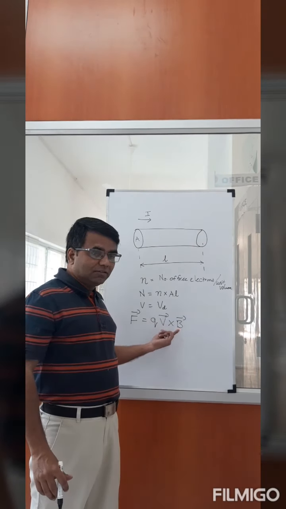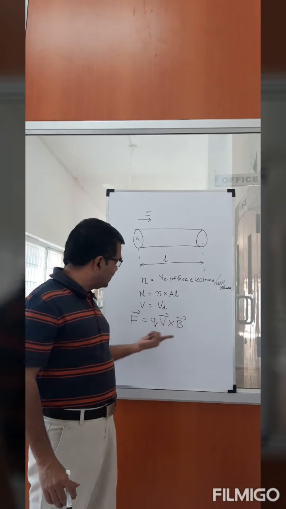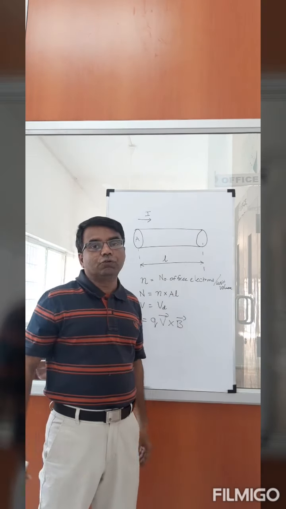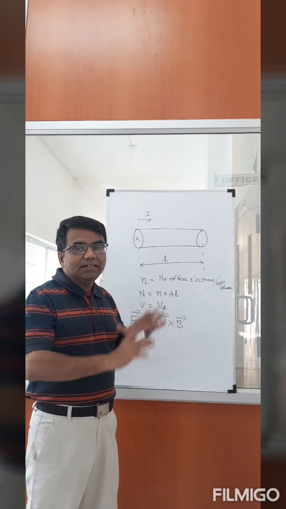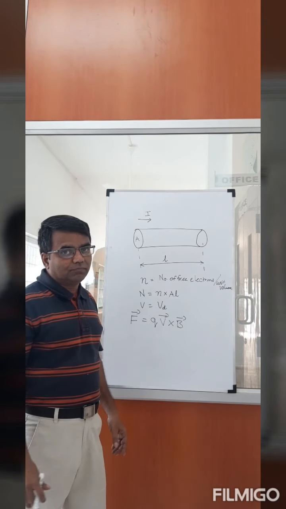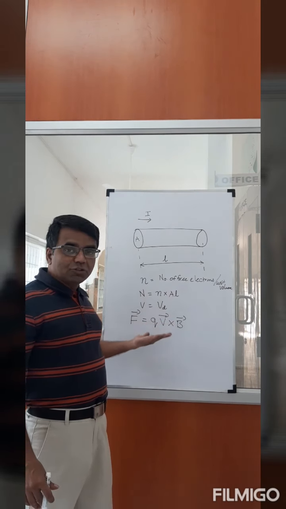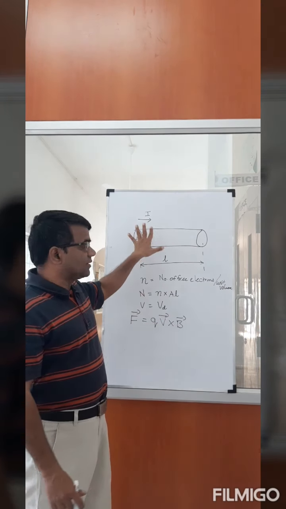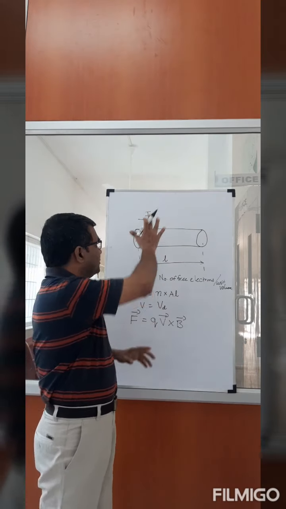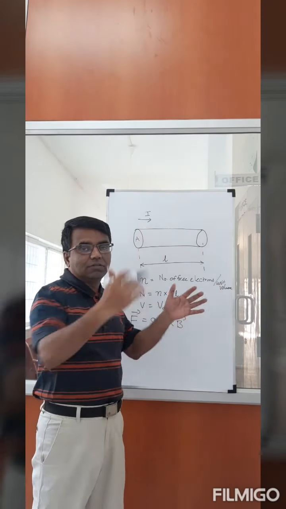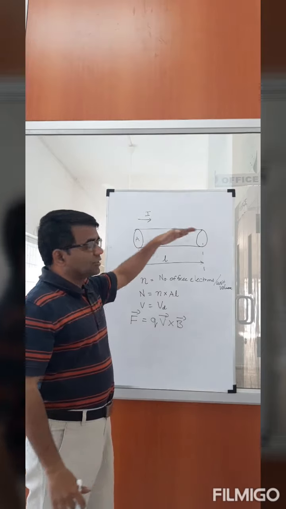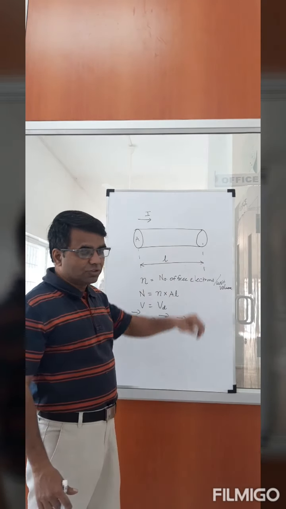If they are parallel, then this term will become zero, and there will be no force experienced by these charges. So I am going to make use of this equation. Let's say B is acting in a perpendicular direction to the direction of the flow of electrons.